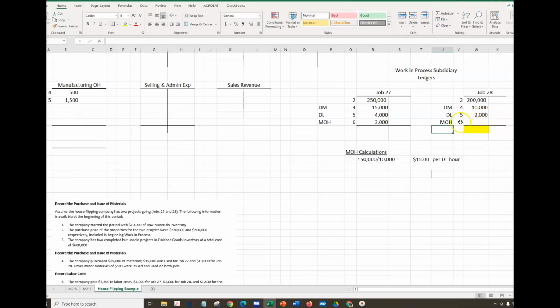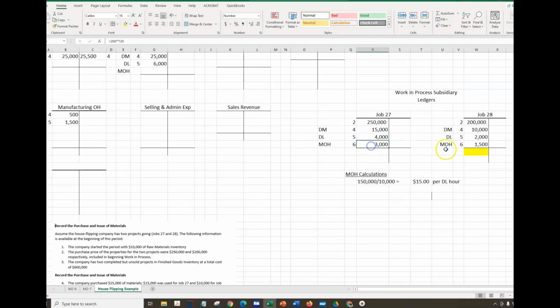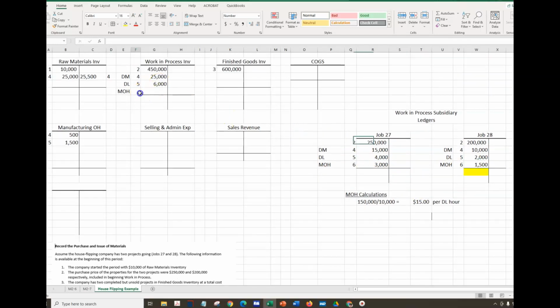Job 28 had 100 hours, so plus 100 hours times $15 per hour. Those two together, 3,000 plus 1,500, so 4,500, goes up here in manufacturing overhead, in work in process. Okay?